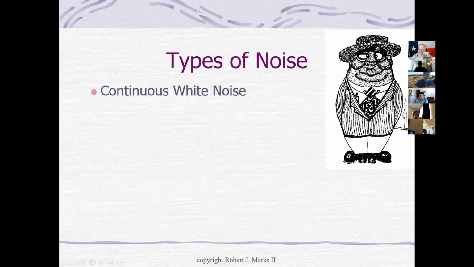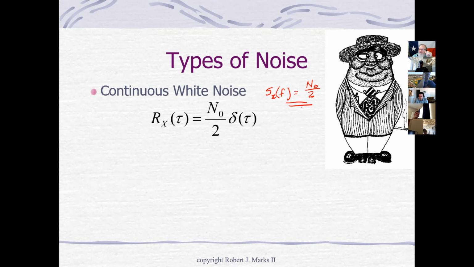Let's spend a little bit of time talking about continuous white noise and why there are some problems with it. One of the problems is that if we look at the power spectral density, which is a constant, typically denoted by N0 over 2, where N0 is the noise level, then the inverse Fourier transform of a constant is a Dirac delta.